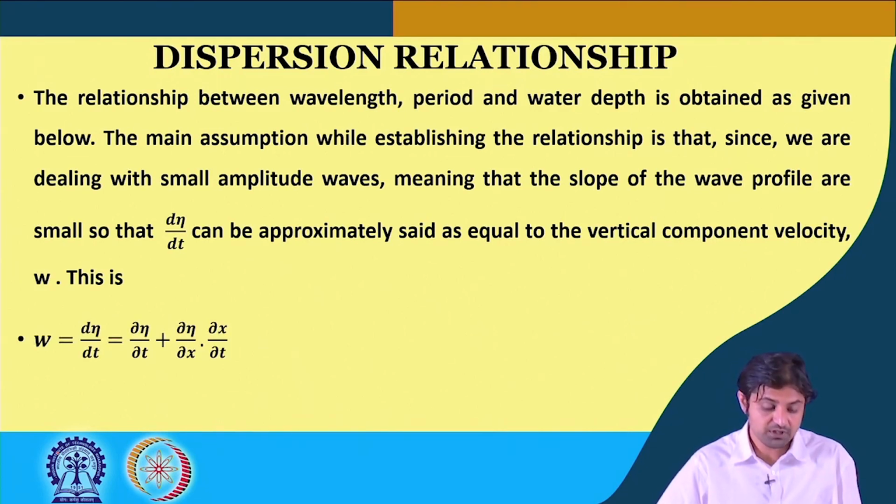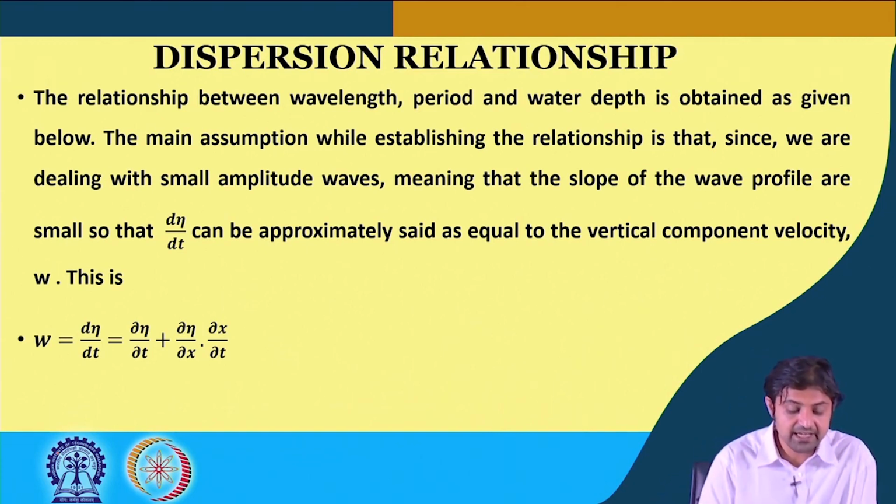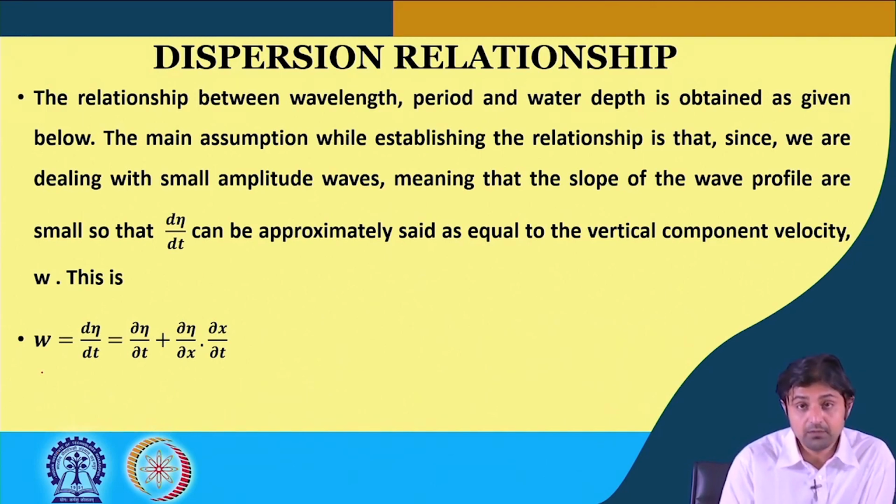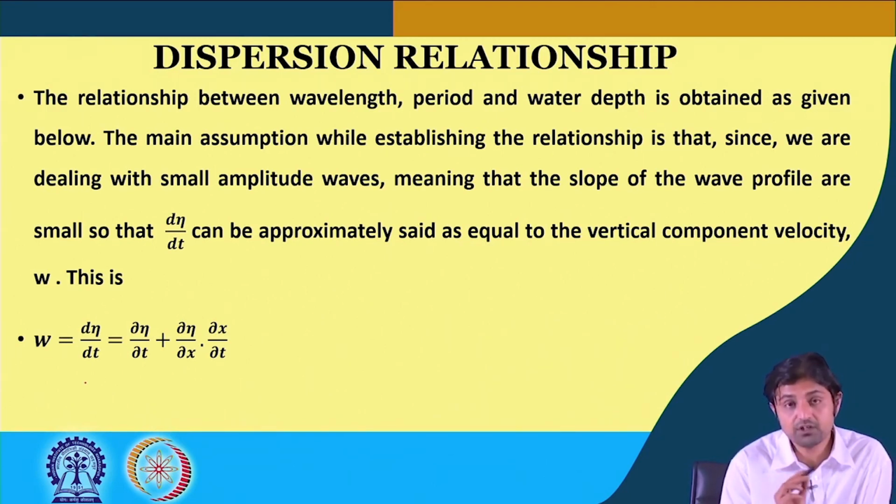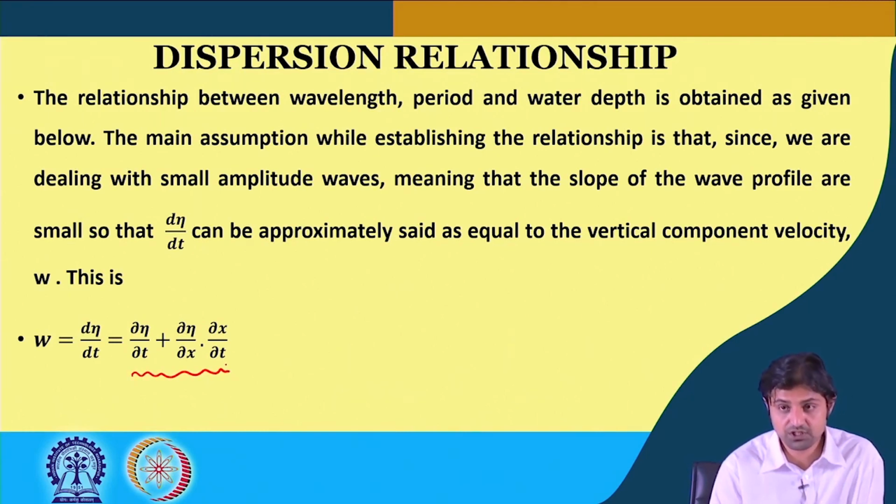So, w can be written as d eta by dt, or in differential form del eta by del t. See, w is what? del eta by del t, because that is the vertical velocity, correct, d eta by dt. So, if you apply total differentiation, it will be del eta by del t plus del eta by del x into del x by del t, all right.